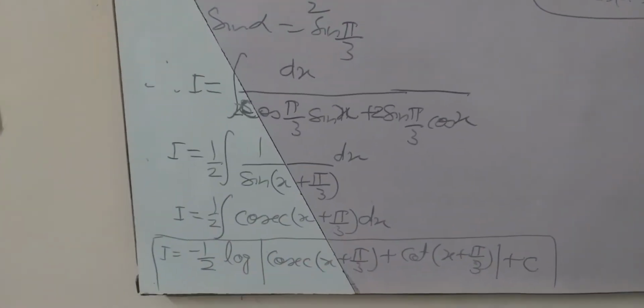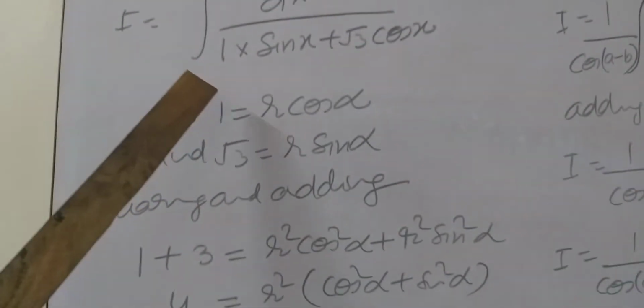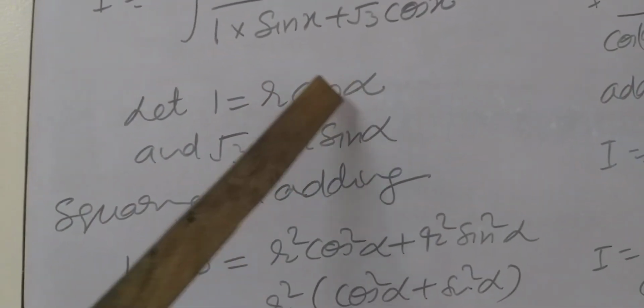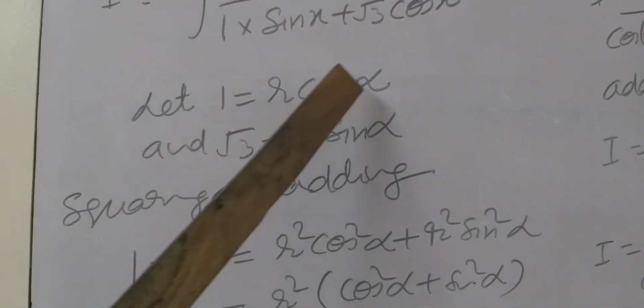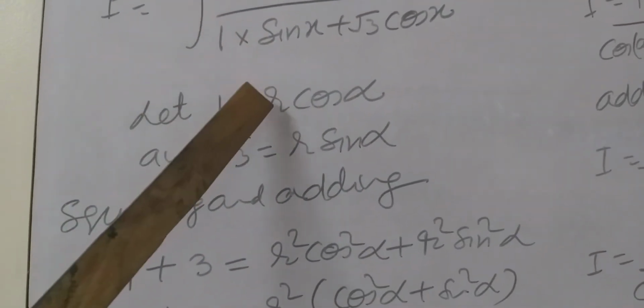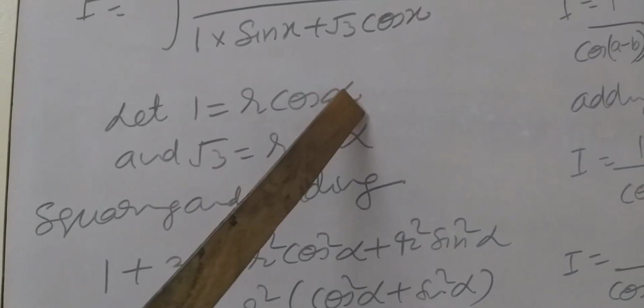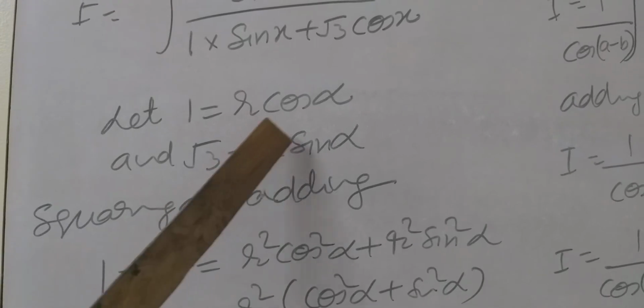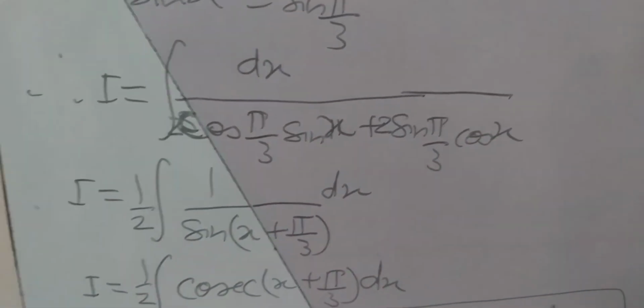Now students, in place of 1 we can write r cos alpha, with r value 2 and alpha value pi by 3. So in place of 1 we can write 2 cos pi by 3, and in place of root 3 we can write 2 sin pi by 3. So it will become 2 cos pi by 3 sin x plus 2 sin pi by 3 cos x.